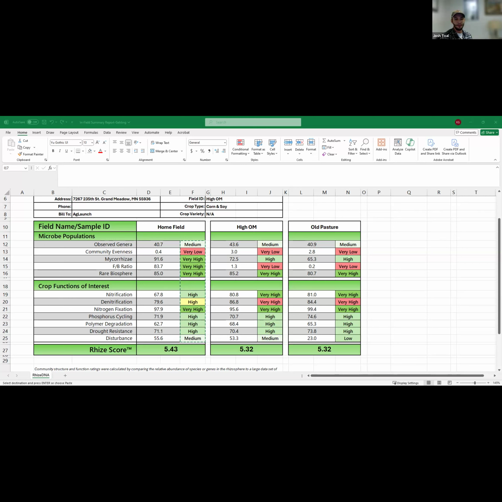So going through here, some of the things that jump out to me is that we have a little bit more denitrification occurring in the high organic matter and the old pasture. That could just be because we still have some compost or manure that's still out in the field.